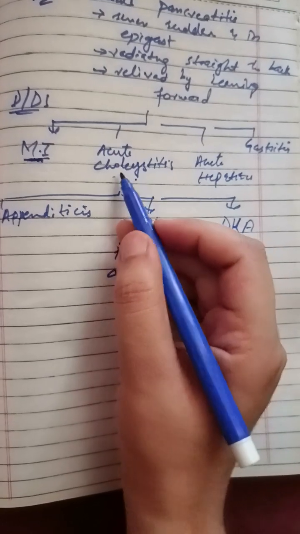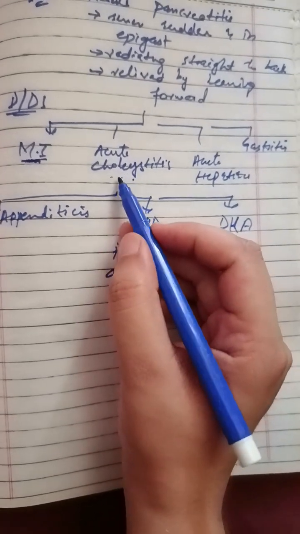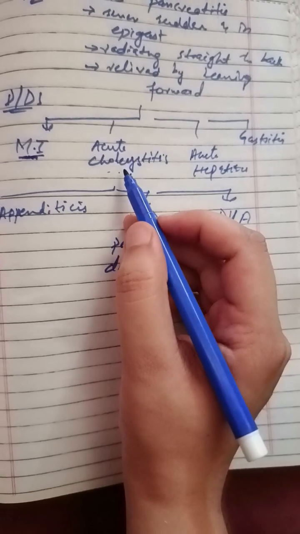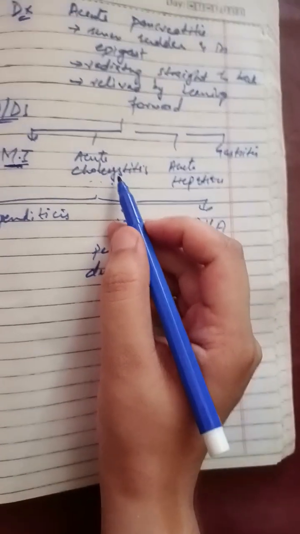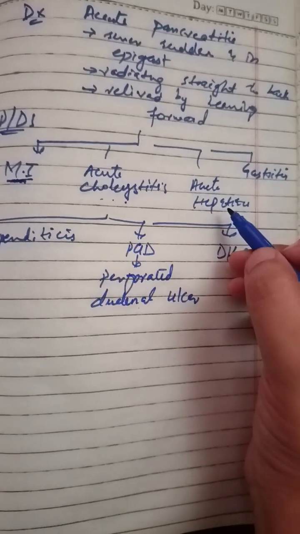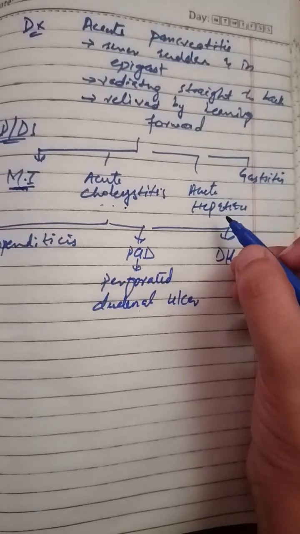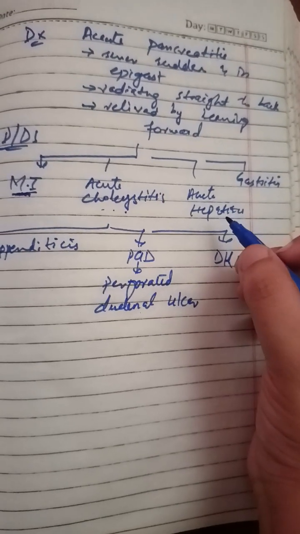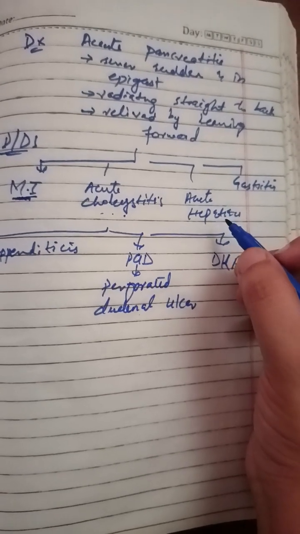It comes after eating a fatty meal, and then after 30 minutes this pain relieves in most of the cases. In acute hepatitis, the pain also occurs in the right upper quadrant, but we will exclude it by doing LFTs.